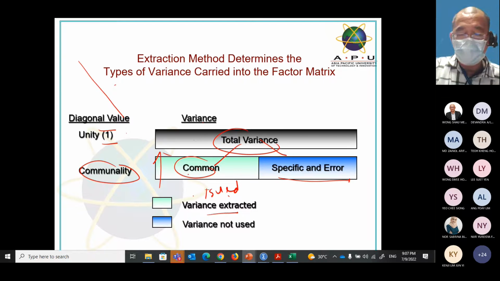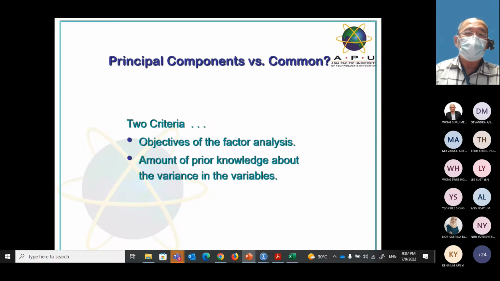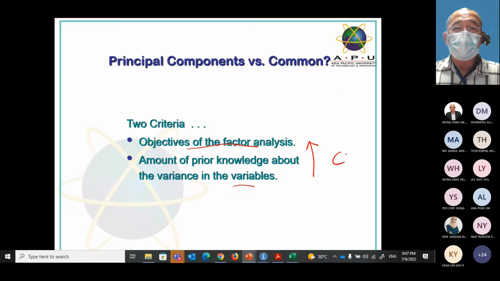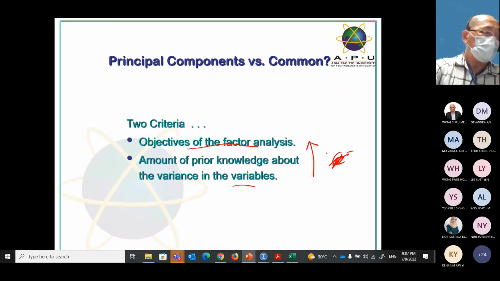So we see the principal components or common factor. There are two criteria, depending on the objective. We discussed already just now about the objective of the factor analysis at the beginning, in stage 1. Next is the amount of prior knowledge about the variance in the variables. If you know a lot beforehand, you may use the principal component.